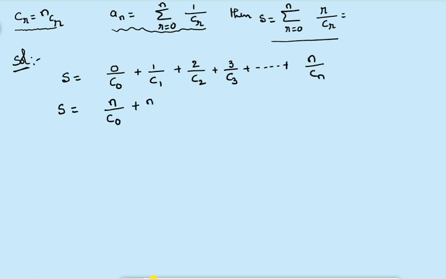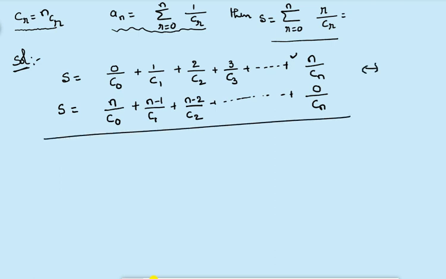Next, the term before this is n minus 1, so (n minus 1) divided by Cn minus 1 can be written as C1. Next (n minus 2) divided by Cn minus 2 can be written as C2, plus and so on, plus the last one we can write 0 divided by C0, we can write Cn. Just reversing we are writing.